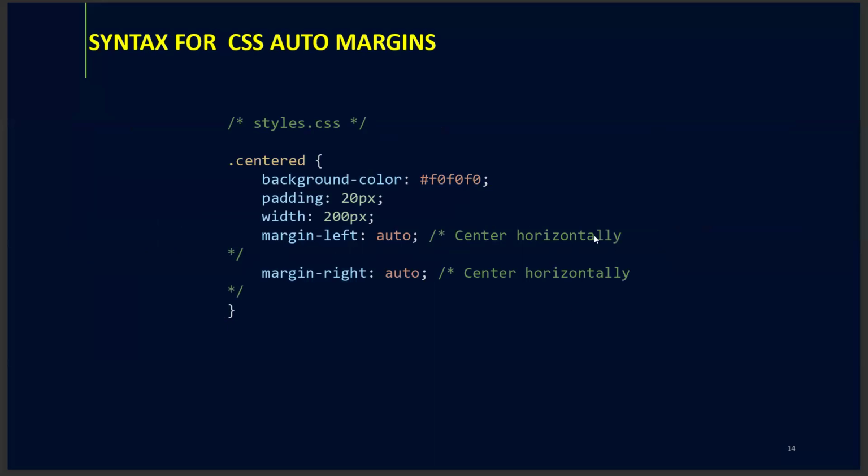Now, the syntax for CSS auto margin: you just say margin-left auto, it will center horizontally. Margin-left and margin-right auto, it will center horizontally.